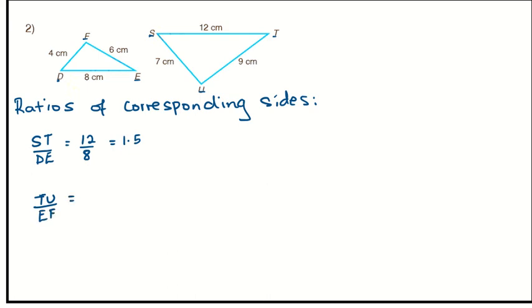So this will be TU, which is 9, EF, which is 6. And this also will give us 1.5. Then lastly, we get the shortest one, which is SU out of DF. SU is 7 and DF is 4. This will give us 1.75.